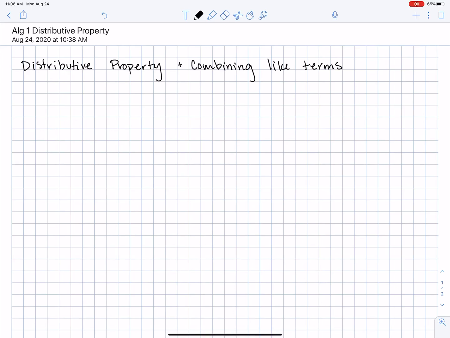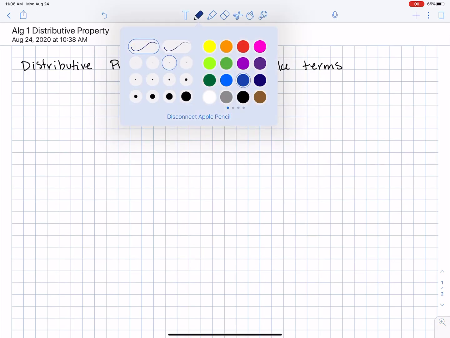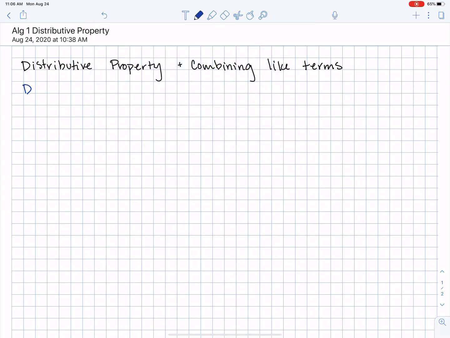Now, when you're thinking about distributive property, I always like to think about the word distribute. So I'm going to switch to blue here. So distribute. Now, when you're distributing, or if I, for instance, were to distribute papers in the classroom, you would think about, okay, to pass out, like you're passing out papers.